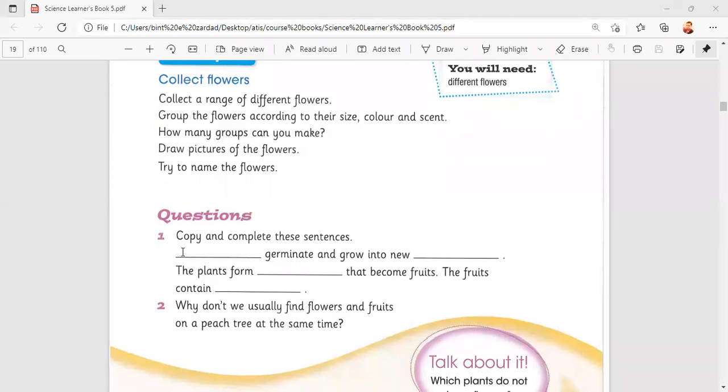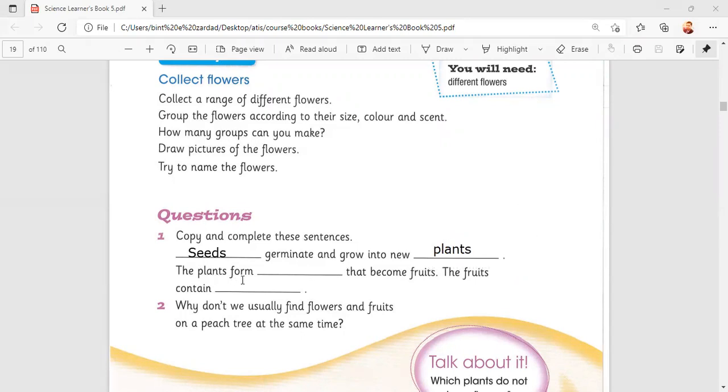The germination process happens on a seed. Seeds germinate and grow into new plants.